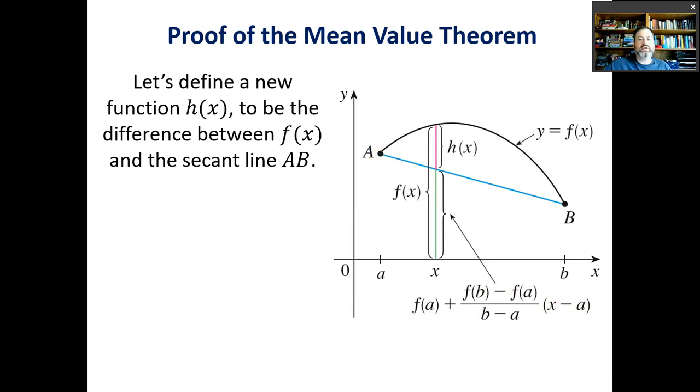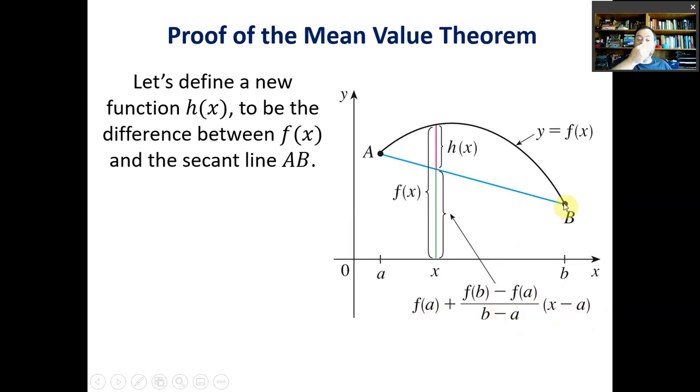So that checks out. What happens if we get to b? What happens if x equals b? Well, this becomes b minus a. And then we have b minus a divided by b minus a. This just goes away. So we have f of a plus f of b minus f of a. What's left over is f of b.